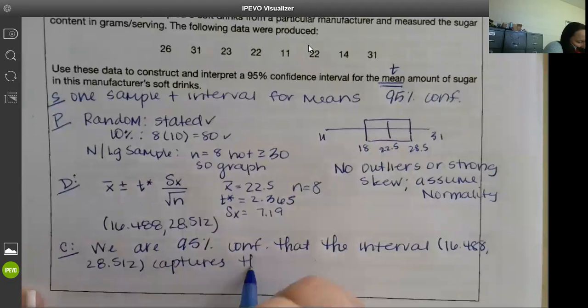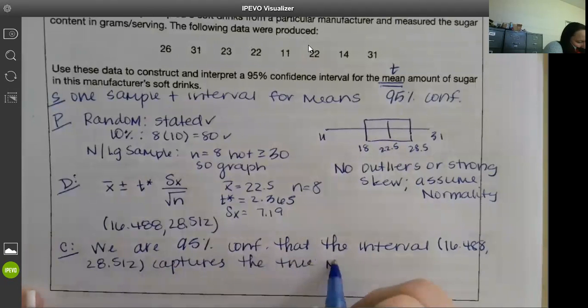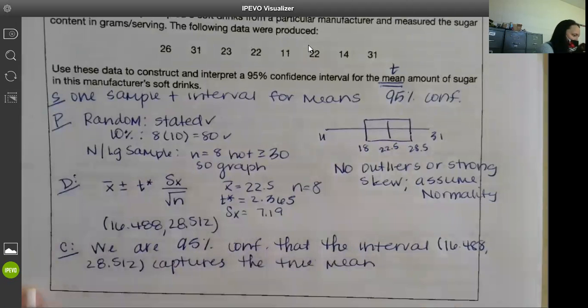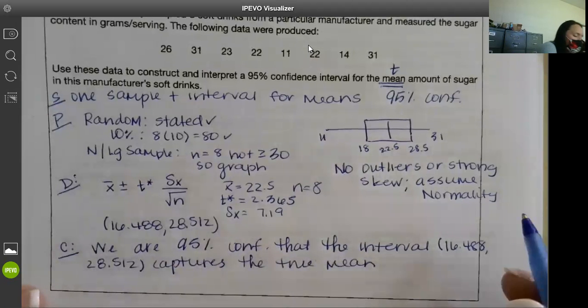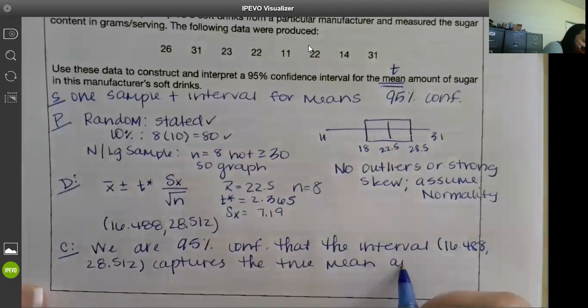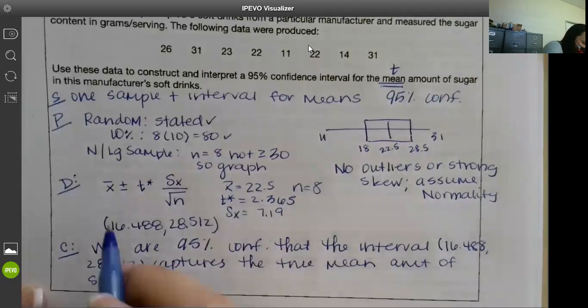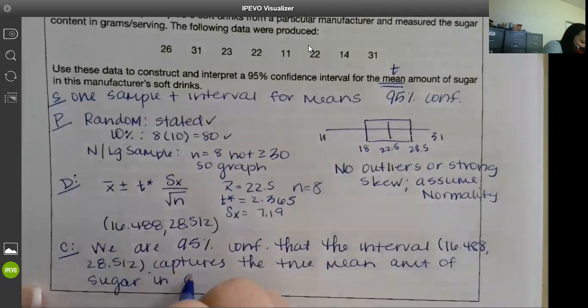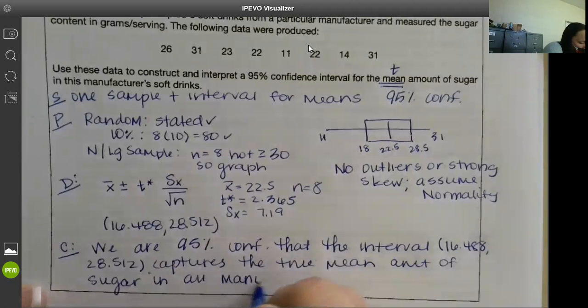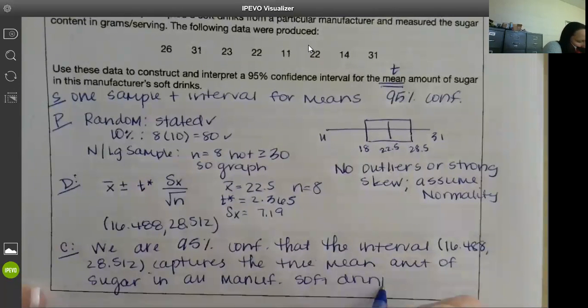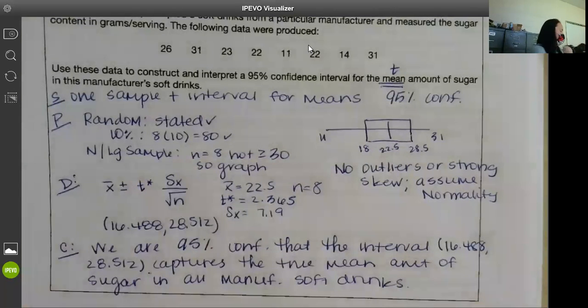The true mean amount of sugar. Say it again. In all manufacturers' soft drinks. Good.